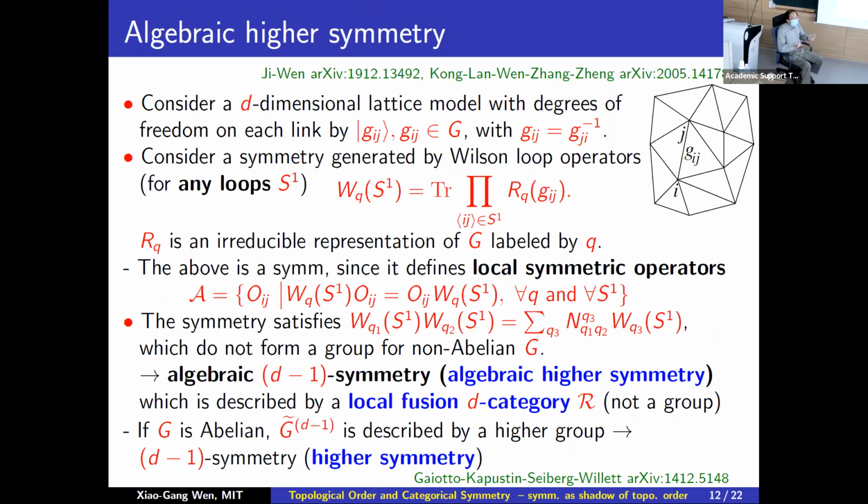There's no other condition. All the conditions mentioned come in when you have a Hamiltonian. The Hamiltonian determines the dynamics. Whether the ground state satisfies a condition or not depends on the Hamiltonian. Here I did not even write down the Hamiltonian. I just write down the symmetry. Then whatever Hamiltonian formed by these local symmetric operators will be a symmetric Hamiltonian, but the symmetry may or may not be spontaneously broken. So it depends on the Hamiltonian.